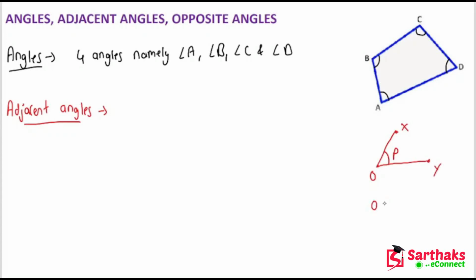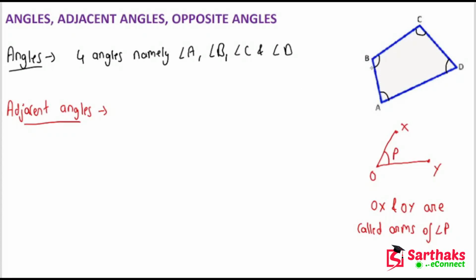Then OX and OY are called arms of angle P. That is, these are actually the line segments in which angle P is getting formed. So when we are forming angle P, we are forming it in between the arms OX and OY. So these are the arms. So adjacent angles are those angles which have a common arm.